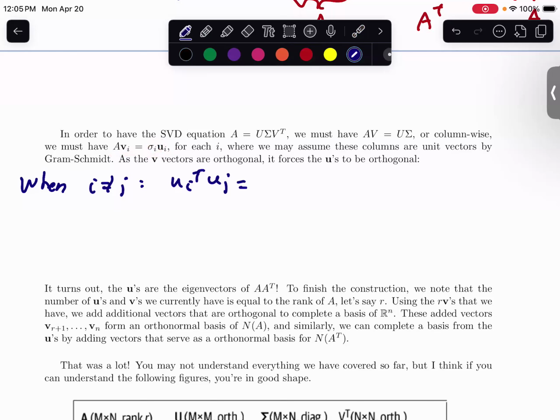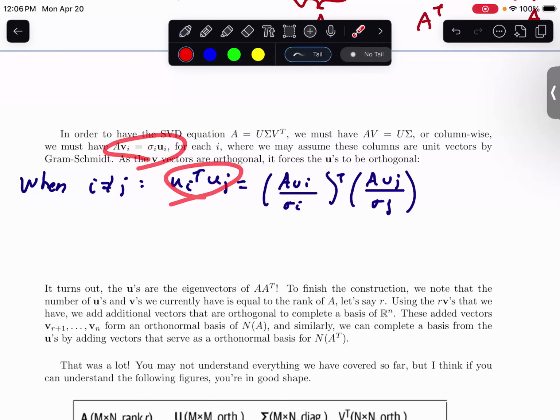You can rewrite this using the equation by dividing both sides by sigma, so we have (A vi over σi) transposed multiplied by (A vj over σj). I'm just using this equation to rewrite the ui's and uj's. Then we'll use the orthogonality of vi and vj to make this work out.